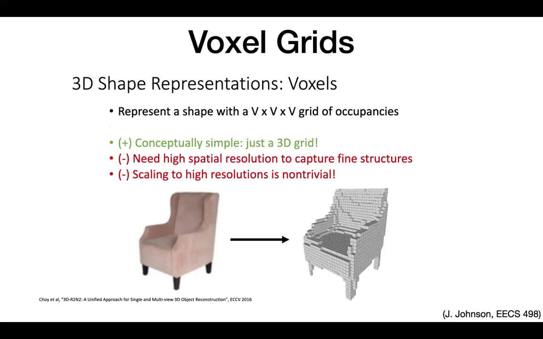But scaling the representation to high resolution is not trivial. So we are going to discuss all the properties of voxel grids, and then in the end, analyze these downsides and see how we can deal with them using a smart data structure, taking into account the characteristics of the representation.